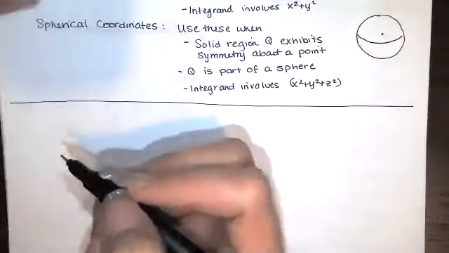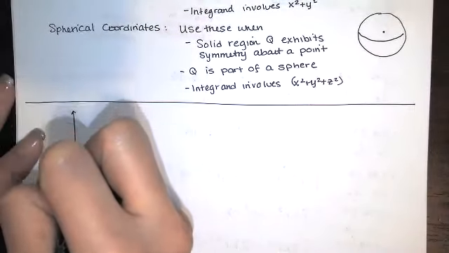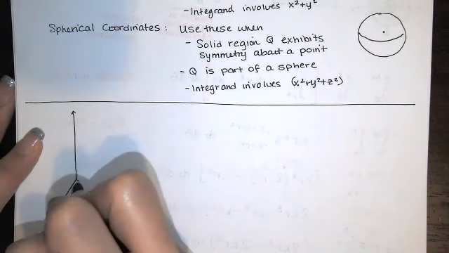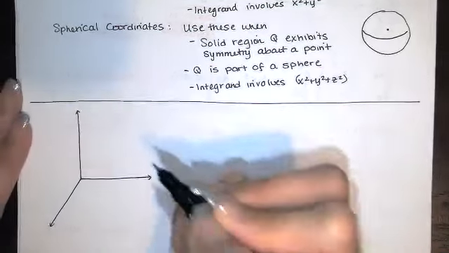and then we'll talk about writing a triple integral in spherical coordinates. So instead of having a point x, y, z, we want to represent it differently.